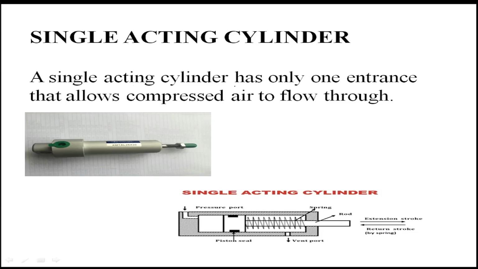A single acting cylinder has only one entrance that allows compressed air to flow through. Here in the picture you can see the single acting cylinder. So it is having only one entrance, and this is the piston. So whenever you create a pressure in this entrance, the piston will move outside in this forward direction. Here also you can see the single acting cylinder. This is a piston, it will move in forward direction.